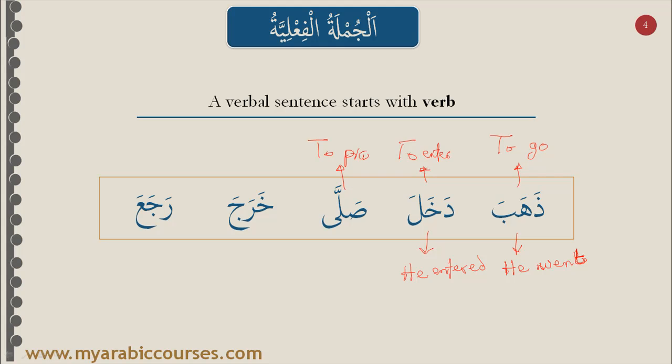That is the verb to pray. So it also means he prayed. So we're giving examples of past tenses, past verb. Kharaja means to exit. Also in a sentence, kharaja means he exited.